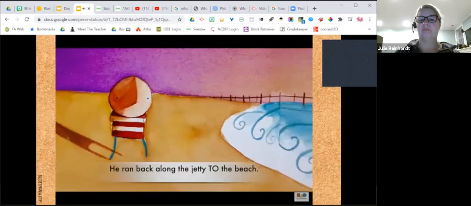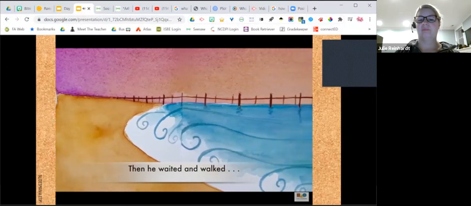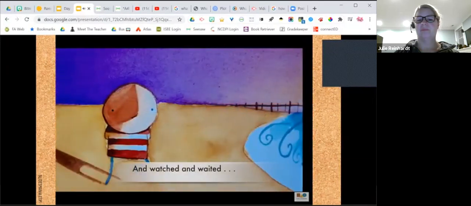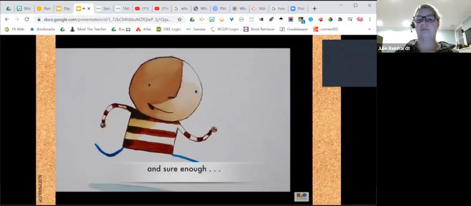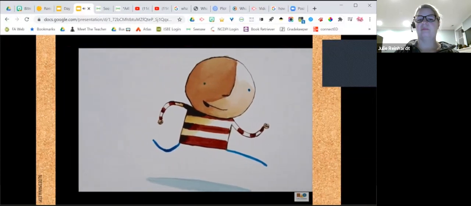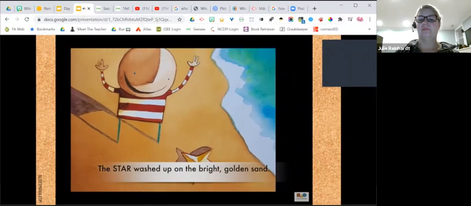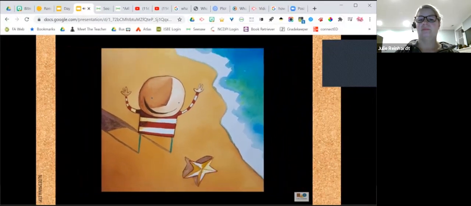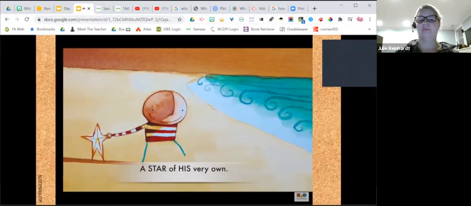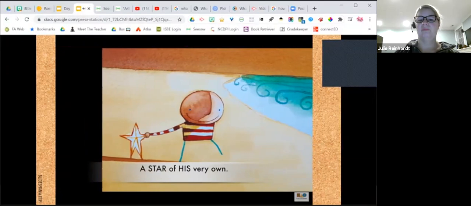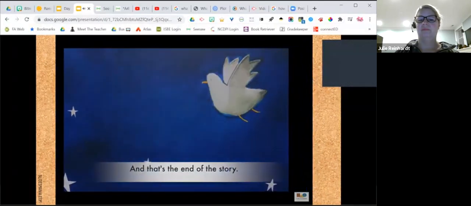He ran back along the jetty to the beach, and then he waited and walked and watched and waited. And sure enough, the star washed up on the bright golden sand. The boy had caught a star of his very own. And that's the end of the story.